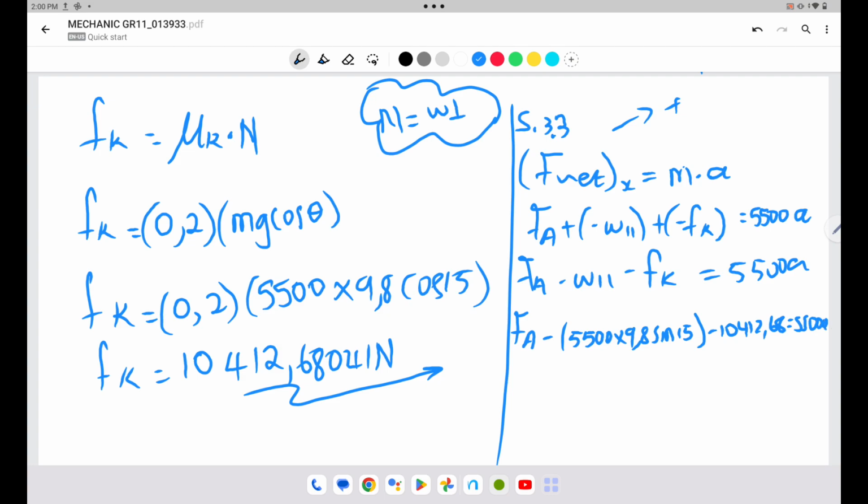Okay, so I can simplify here. I have force applied, 5,500 multiplied by 9.8 multiplied by sine of 15 minus 10,412,68041.